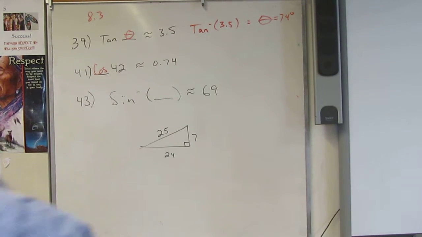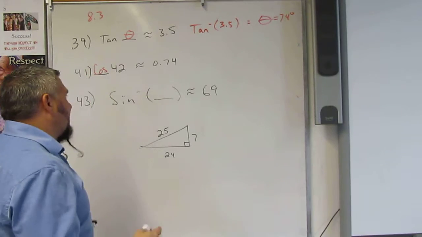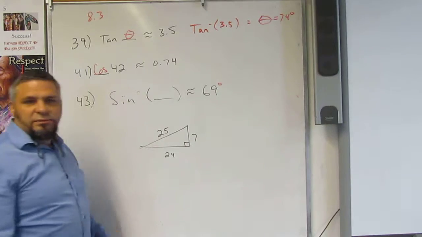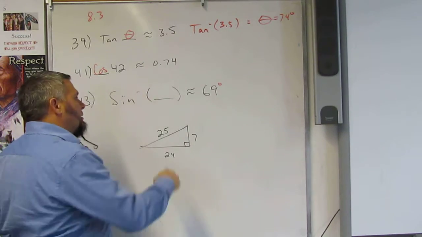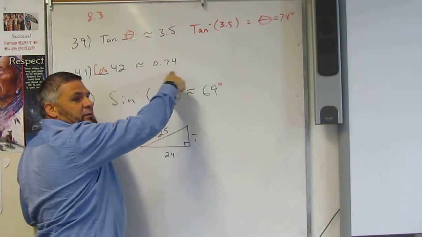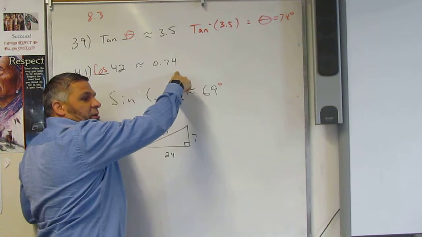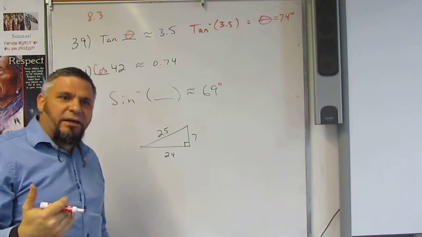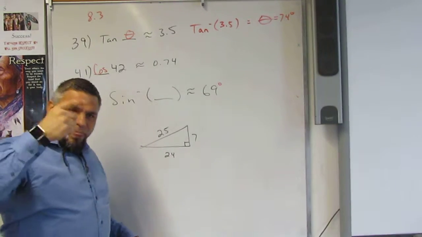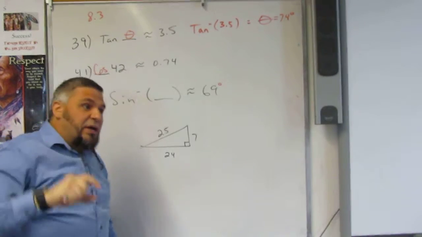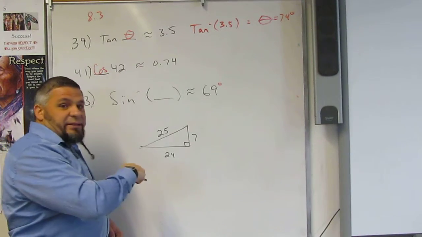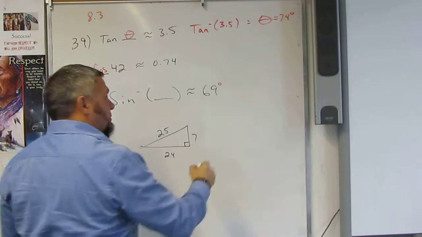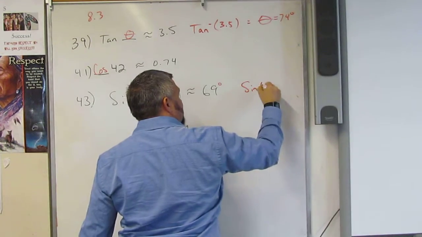Good. The next one says sine inverse of some number is 69 degrees. So they're trying to get the ratio of the sides, the sine, the opposite over hypotenuse. So what we have to do is the inverse of the inverse, which would be sine 69 degrees.